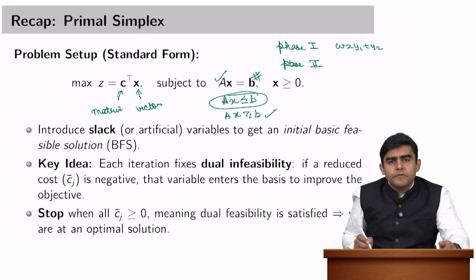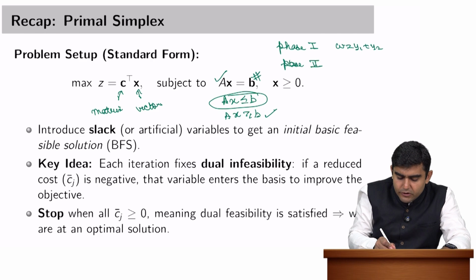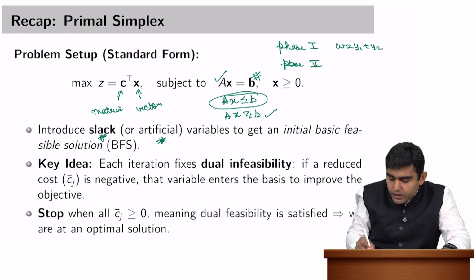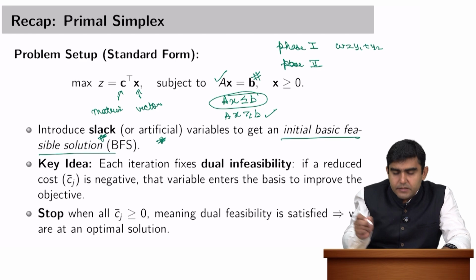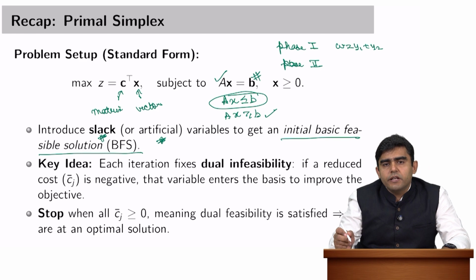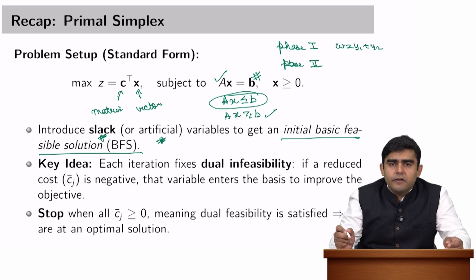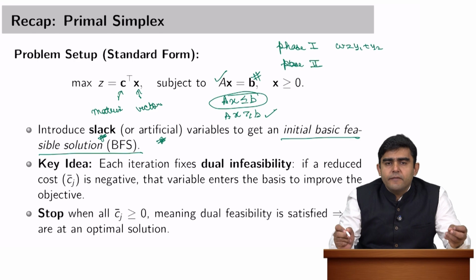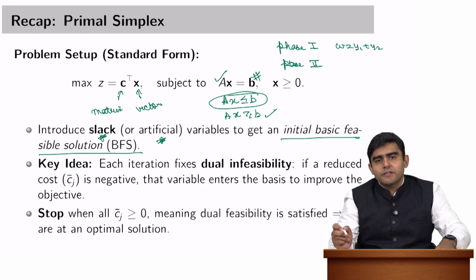But the overall summary remains that we introduce a slack or artificial variable to get an initial basic feasible solution. We call it a basic feasible solution because we choose certain variables as non-basic and force them to be 0, and the variables we do not select as non-basic automatically become basic variables.